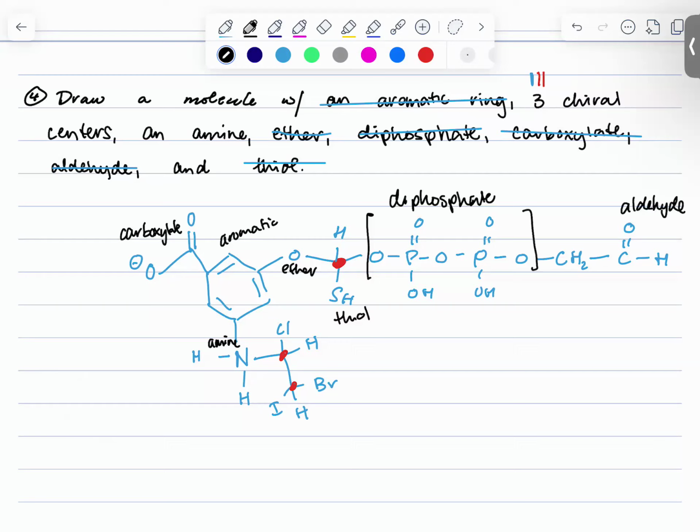To my question in the chat, what is the CH2? It is just a linker to link things together. It has no real importance. Again, I'm gonna default to, you should pay attention to things that are highlighted.